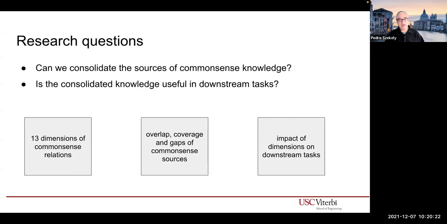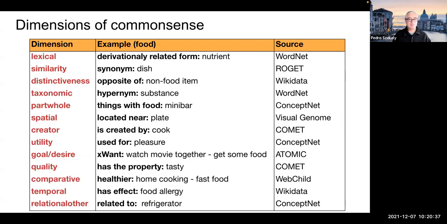And then we measured the overlap and gaps, and then did experiments on how useful the knowledge in the specific dimensions is impacting downstream tasks. Next slide, please. So here are the dimensions.